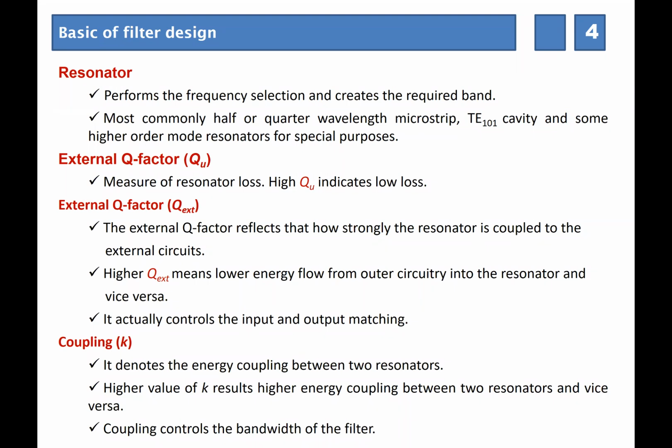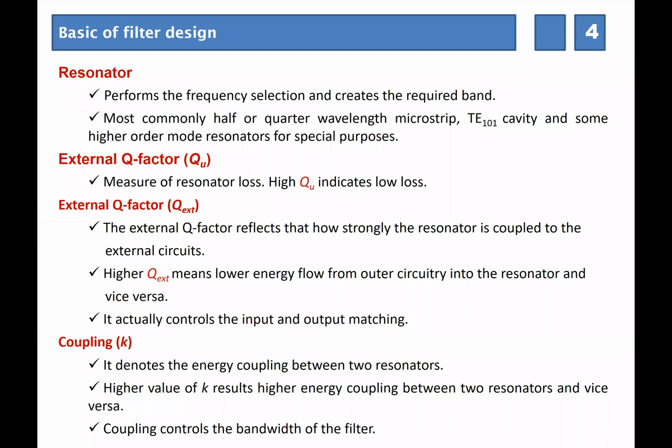All of you know there are many theories and mathematical calculations on filter design, but I will discuss only the practical design approach of a microwave filter. First of all, we have to design a resonator.